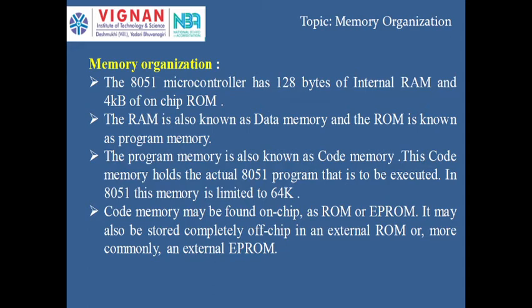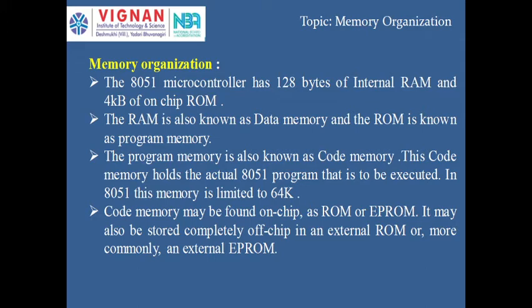Among those, AD0 to AD7, the 8 address lines, are combined with port 0, whereas A8 to A15 are combined with the port 2 bits. Since it has 16 address lines, it can access 2 power 16, that means 64 kilobytes of memory locations, or we can say 65,536.